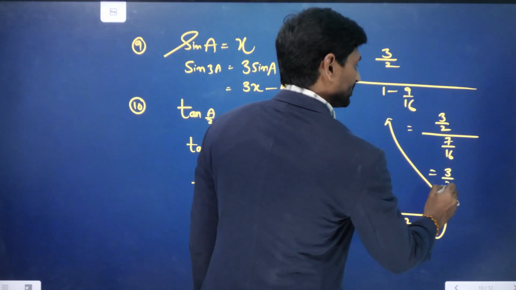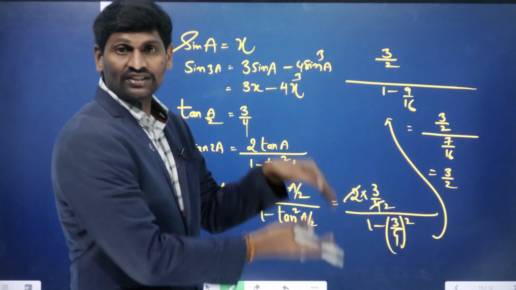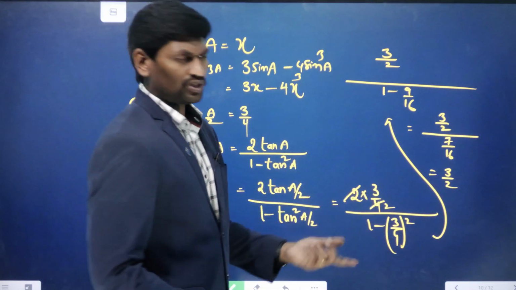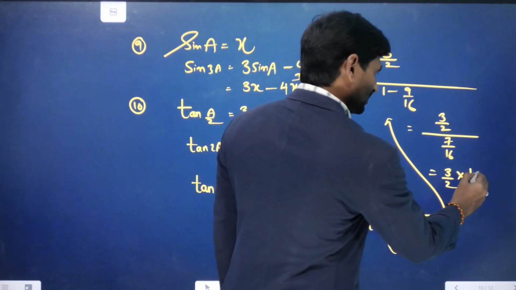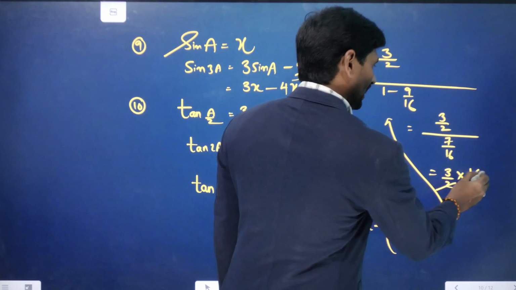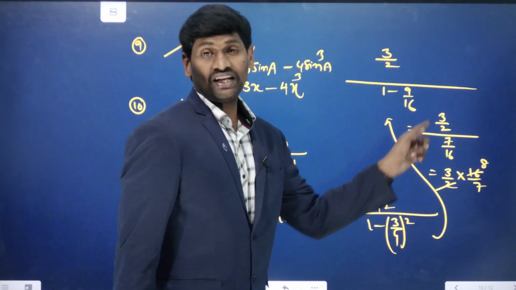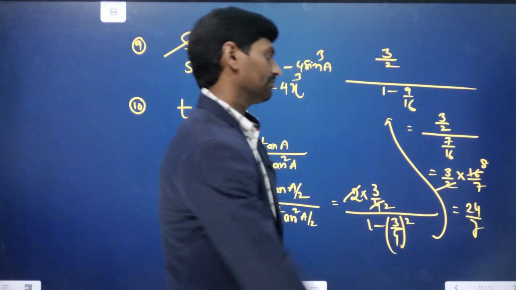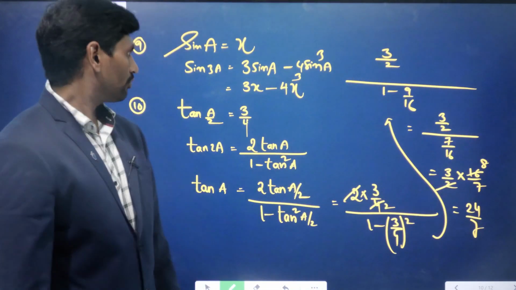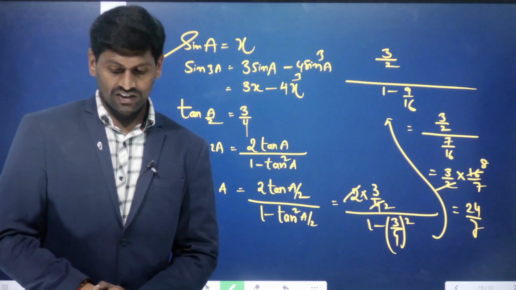So 3 by 2 divided by 7 by 16. Whenever you see the division of two fractional numbers, we use the reciprocal. Reciprocal means multiply. 3 by 2 times the reciprocal of 7 by 16, which is 16 by 7. Cancellation 8 times. 3 8s are 24. Answer is 24 by 7. Clear? Yeah, please check.